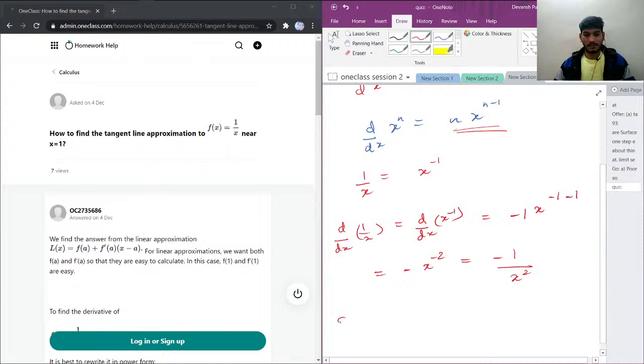Now we need to find the tangent at x equal to 1. So we'll just substitute the value of x as 1 and it is negative of 1.